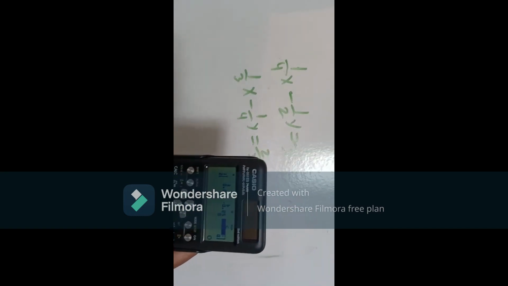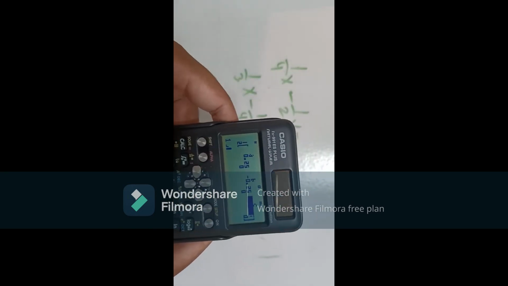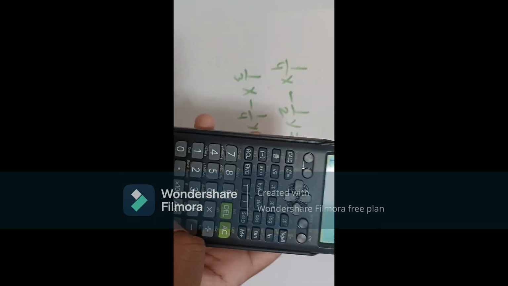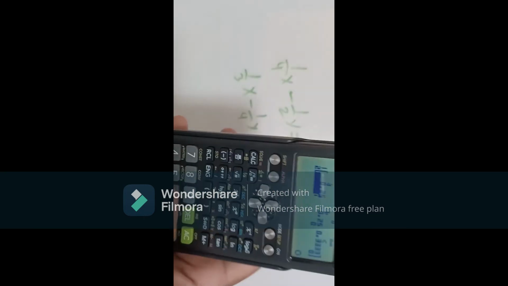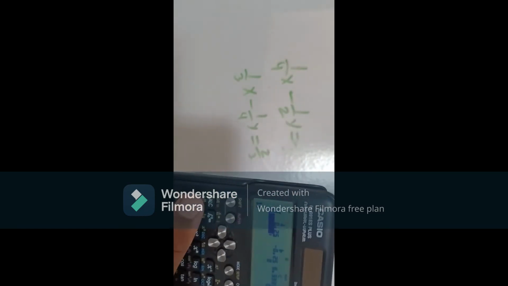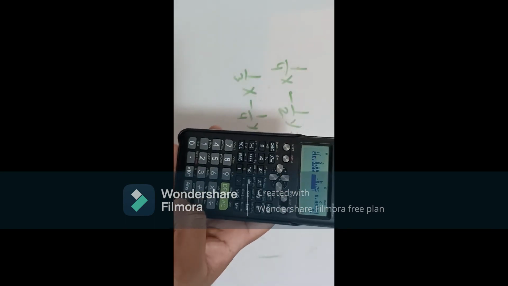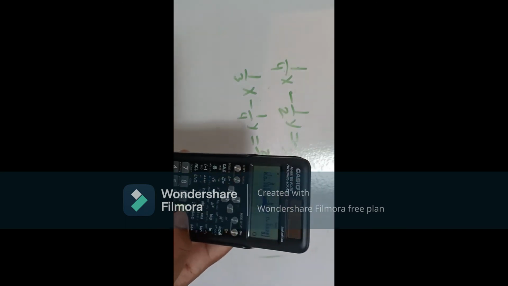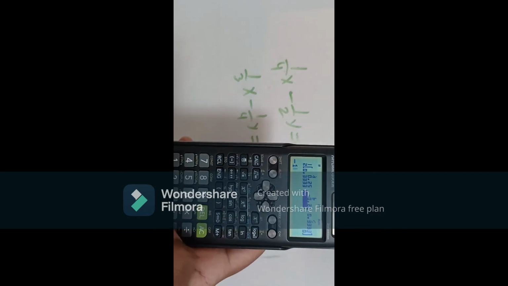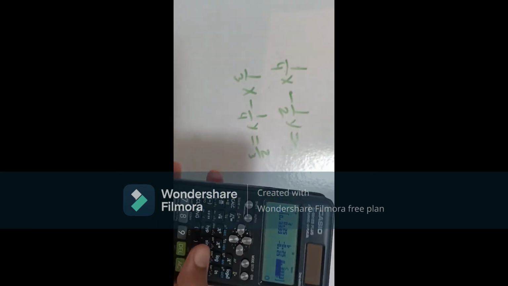And then this is 1/3. The same thing in the second row, 1/3. Then we hit equal, then negative 1/4, equal.